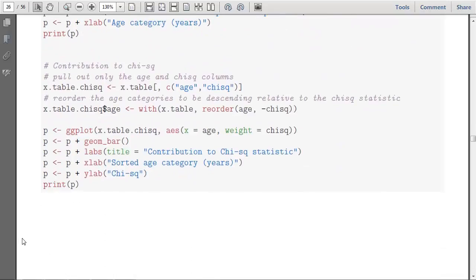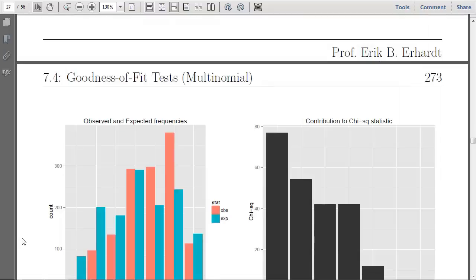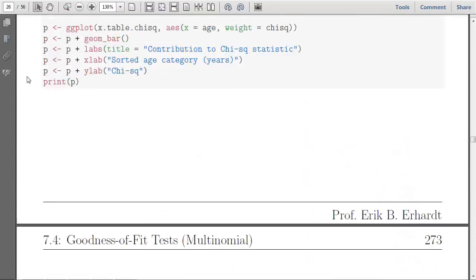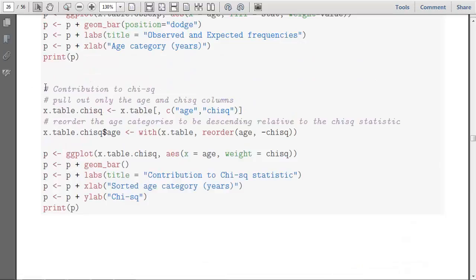Good. On the right plot, recall, there's only one interesting thing happening here, which is that these X categories are sorted in descending order based on the contribution to the chi-square statistic. So we have 2 pieces of code here. The first is we have our X table.